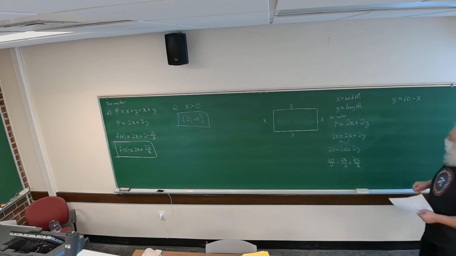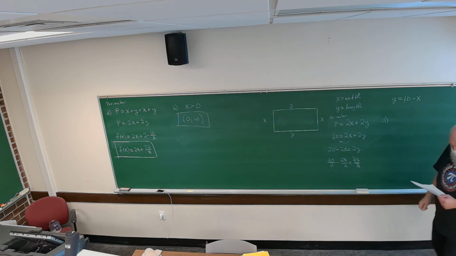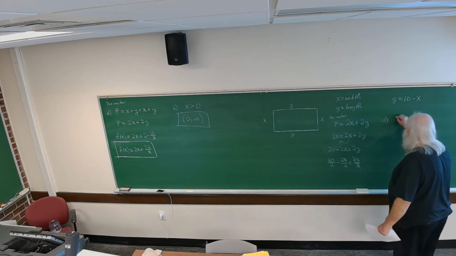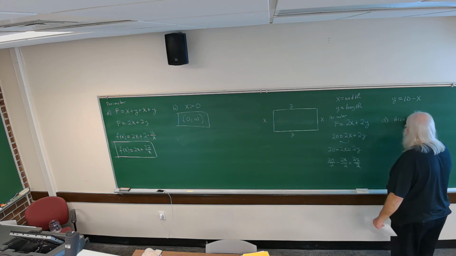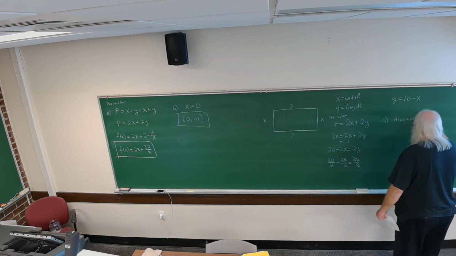So in A, we've got to express the area of the rectangle as a function of the length of one of its sides. So area is width times length.